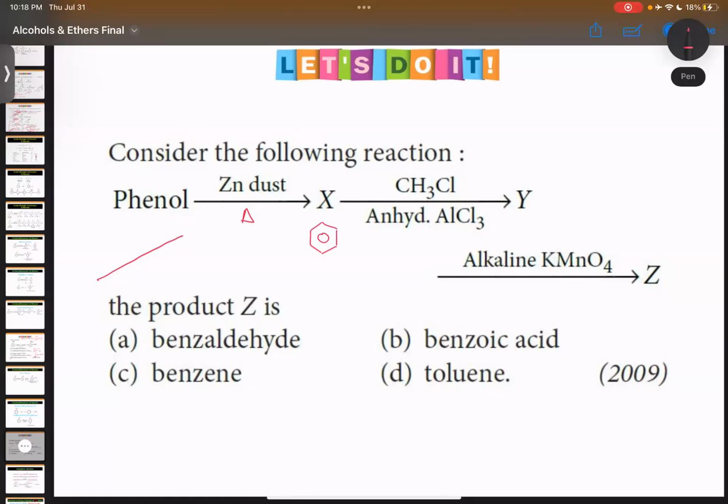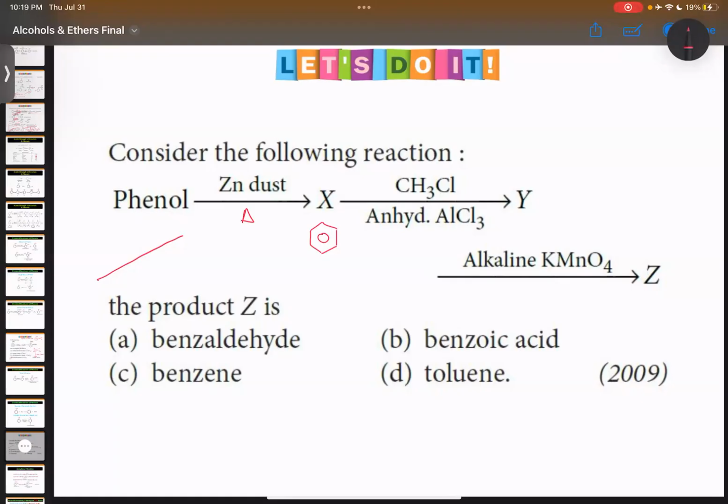Chlorobenzene? No, not chlorobenzene. AlCl3 will remove the Cl.